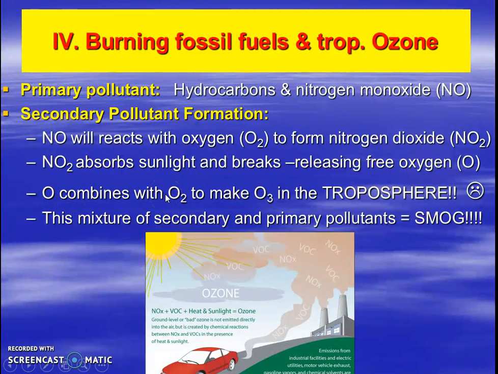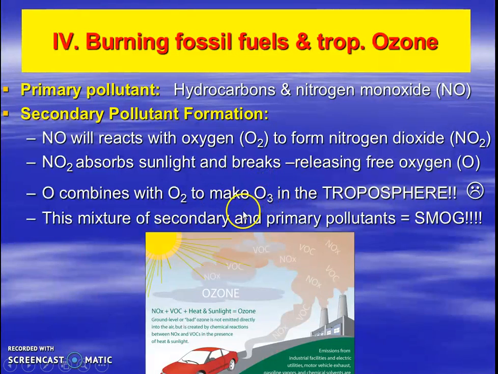What are they going to form? Ozone, O3. And that is now happening in our troposphere. Well, we wanted that to happen in the stratosphere. Do we want it to happen in the troposphere? No. Right? Good up in the sky, bad nearby. So this, because it's gone through a chemical reaction, is a secondary pollutant.